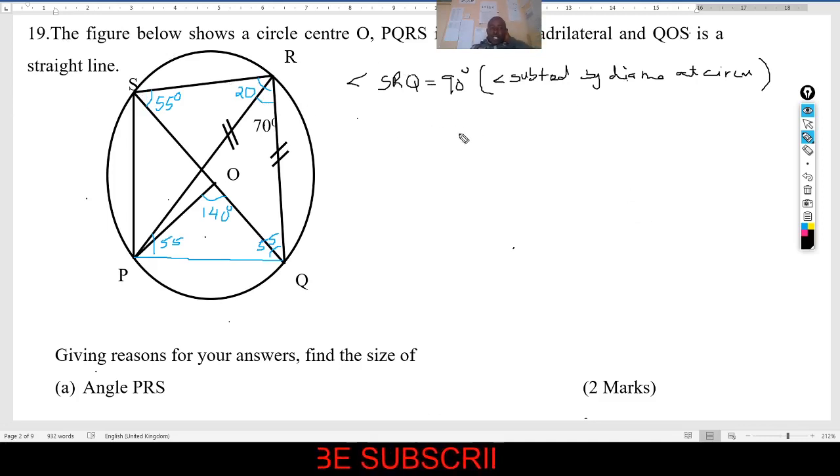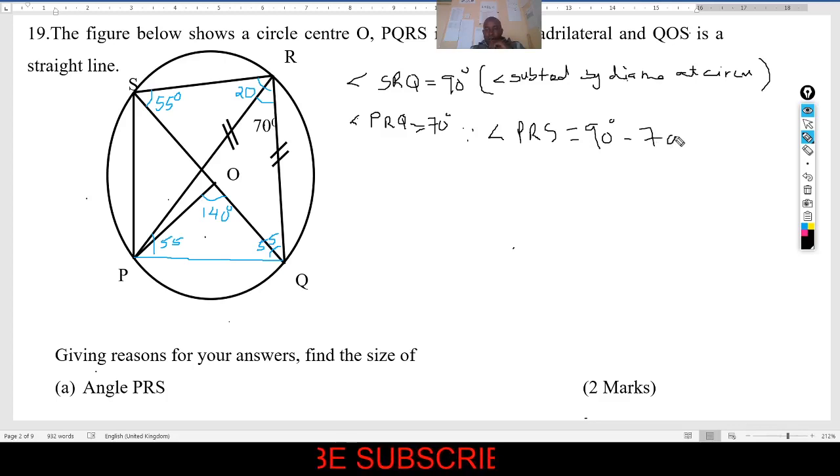And if you know that's 90 degrees, and we are given angle PRQ as 70 degrees, that one is given, and therefore angle PRS equals 90 minus 70 degrees, which is equal to 20 degrees.